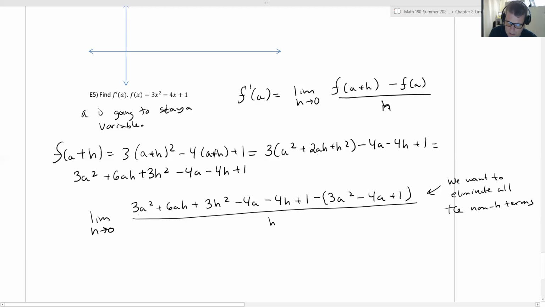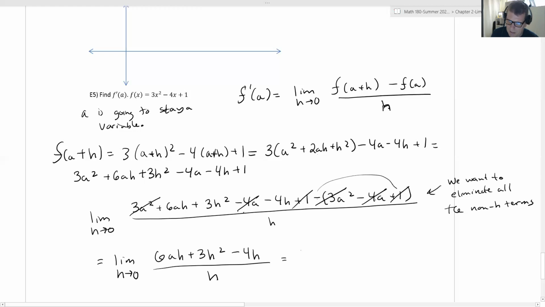But let's take a look. There's the 3a squared, and there's a minus 3a squared. Awesome. Here's a minus 4a and the minus 4a. They also cancel. And then the 1 becomes a negative 1, and then the plus 1, so they cancel too. Yay, they're all gone. So this whole thing is then the limit as h approaches 0 of 6ah plus 3h squared minus 4h divided by h.